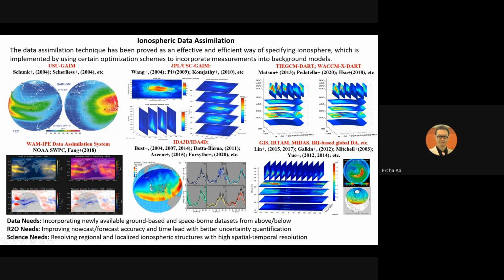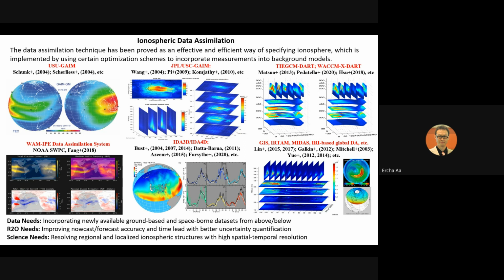There are also some systems that use empirical background models, like IDA3D, IDA4D, GIS, IRI-based systems, MIDAS, and other IRI-based global data assimilation models, etc. Empirical background models have the merit of low computation cost, so they are very efficient, but they are limited by their forecasting ability.